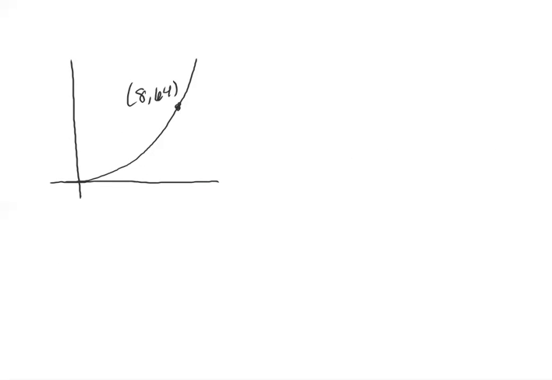So let's see here. I'm going to draw that figure again. Okay, so this is again my point (8, 64). This is f of x equals x squared. And I want to find the area of that region that I'm going to approximate.